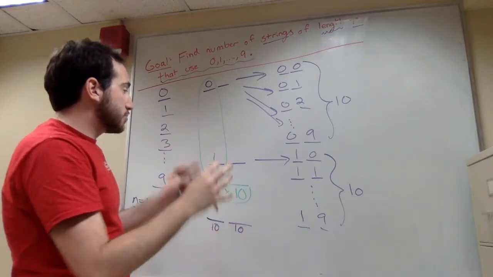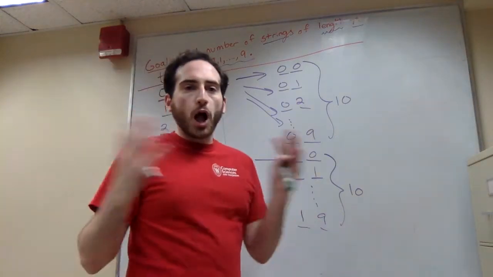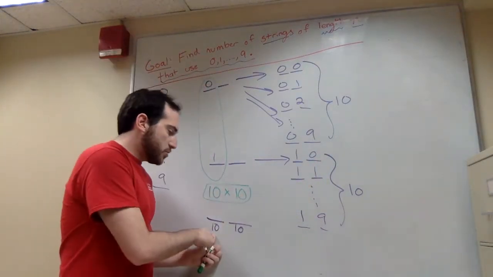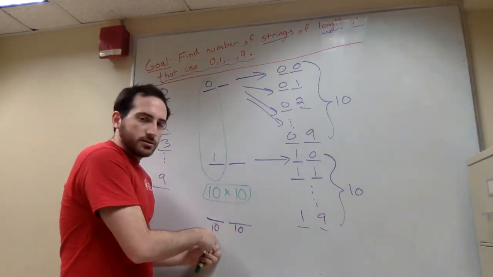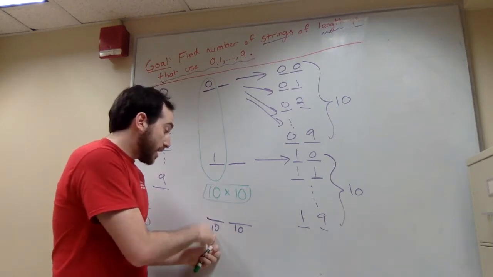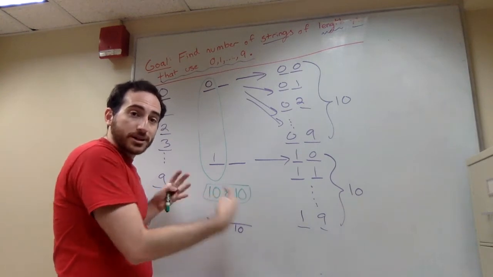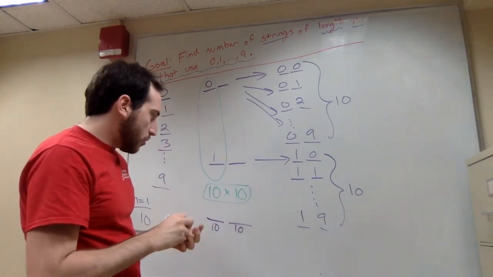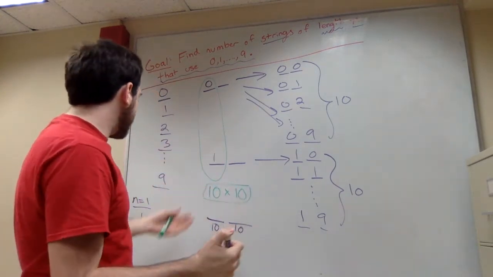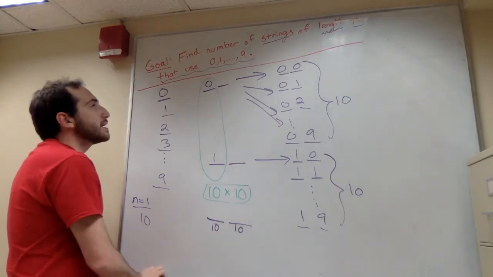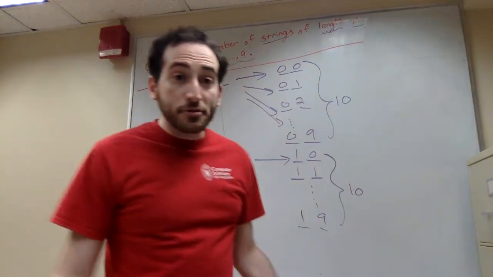This is the core idea that we're going to be using for all of this: if you have both of these free, you're allowed to choose anything for this and anything for this, the total number is then multiplied. So this is the case where n equals 2. There are 100.